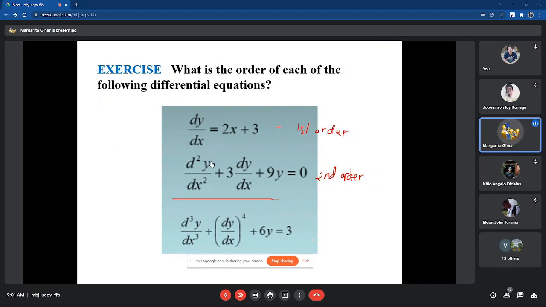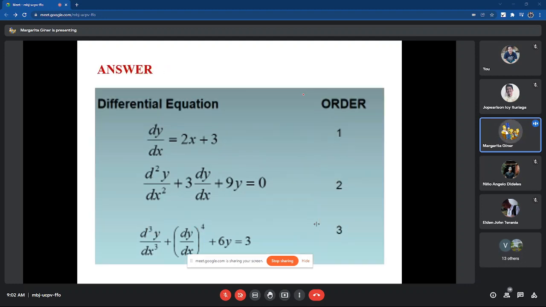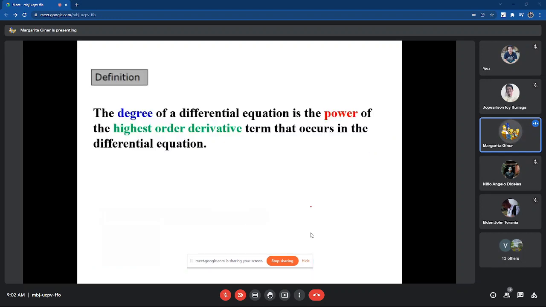What is the order? Third. Third order. Good. Okay, hindi fourth. The derivative is our basis. Okay? So, I think you're okay with this. So, first order, second order, third order. Alright, proceed with the degree.